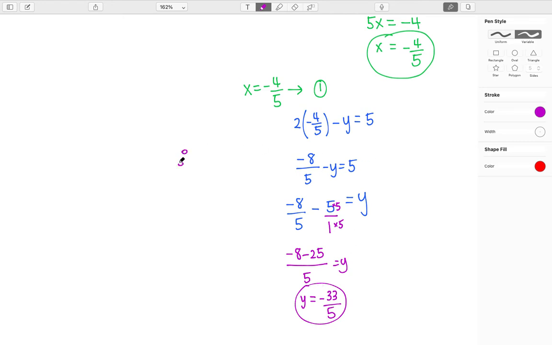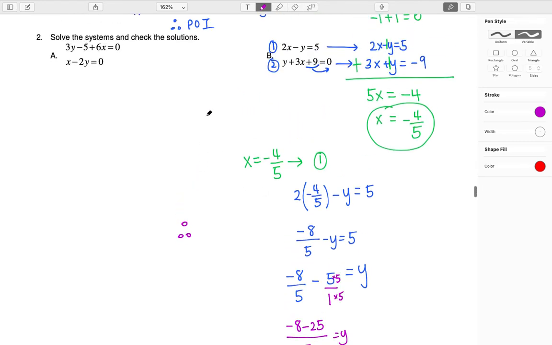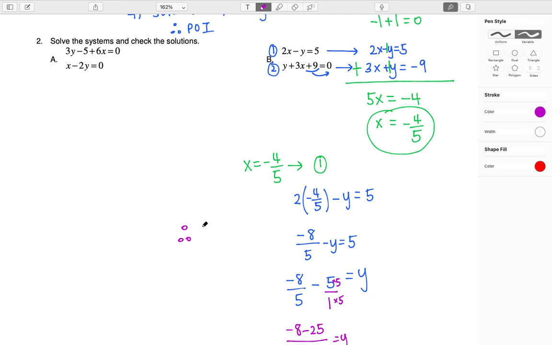So therefore, for these two relations, they will meet at a point of intersection at negative 4 over 5, comma, negative 33 over 5. So if you're graphing it, I will put it in decimal, so it's negative 0.8, comma, negative 6.6. That is also correct as well.